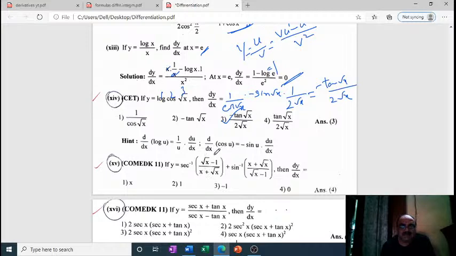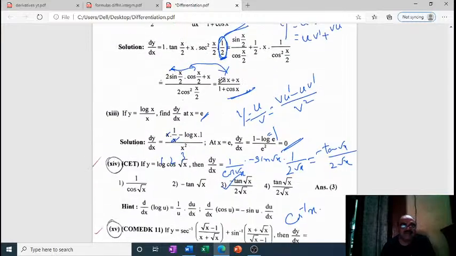See friends, this is secant inverse x, this is sine inverse, but this is secant inverse 1 by x. Can I write that as cos inverse x? Just see. Is cos inverse x equal to secant inverse of 1 by x?